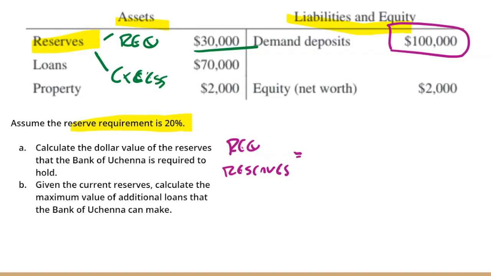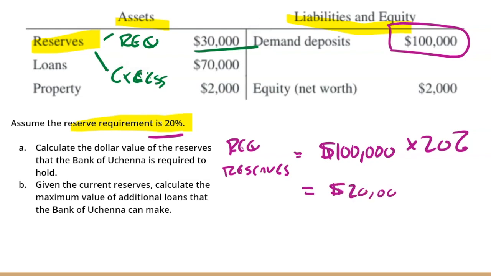If there is $100,000 in people's checking accounts, in this bank's demand deposits, and the reserve requirement is 20%, because the bank needs to hold on to 20% of all the demand deposits, we know that our required reserves is $20,000. Or in other words, $100,000 in demand deposits times 20% gets us to $20,000.